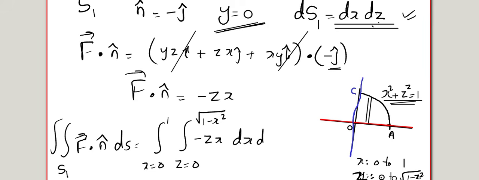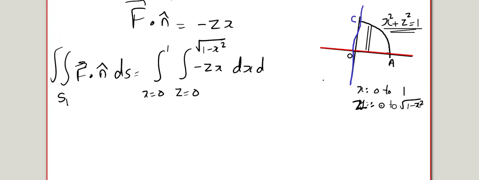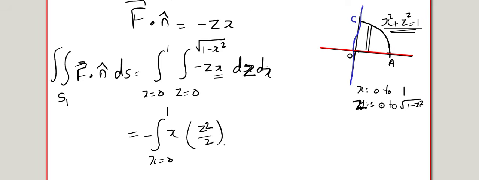It is z. So I should write dz dx because the inner limit belongs to z. So that will be x equal to 0 to 1, and x is a constant, minus goes outside, so x into z square by 2, z equal to 0 to root under 1 minus x square, dx.